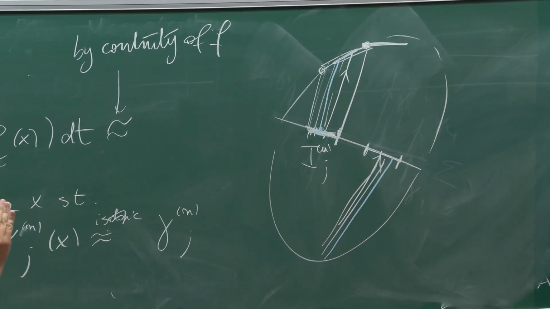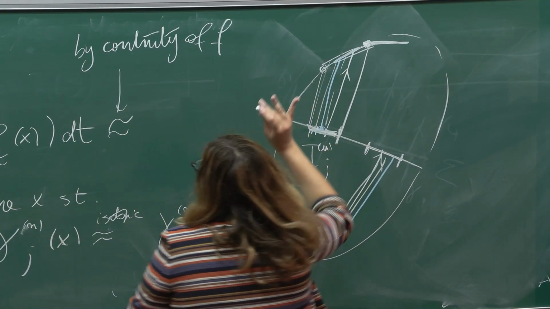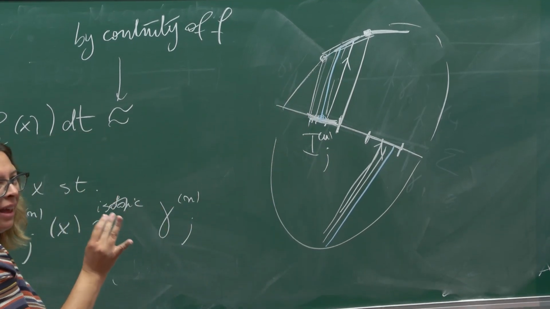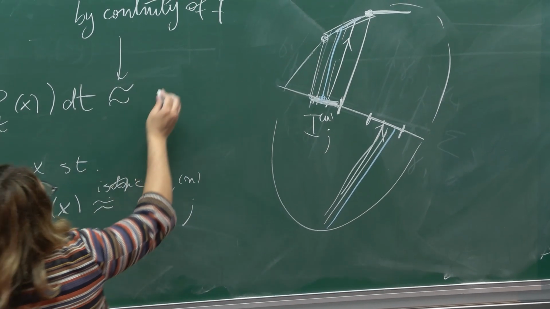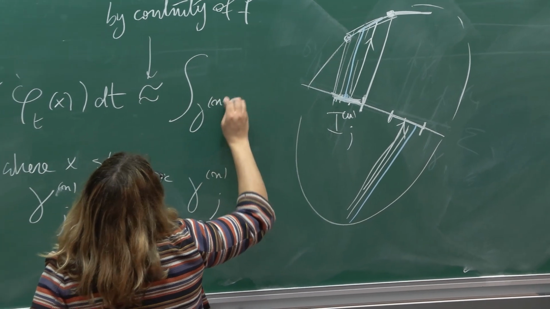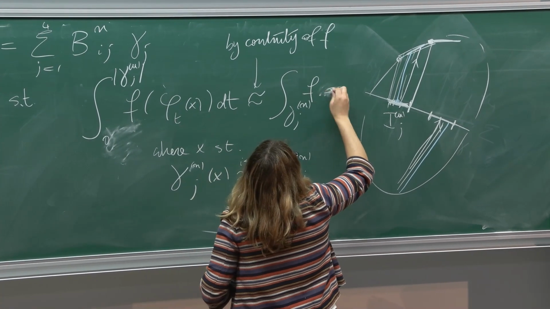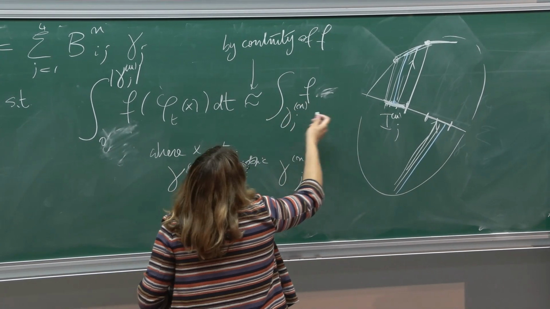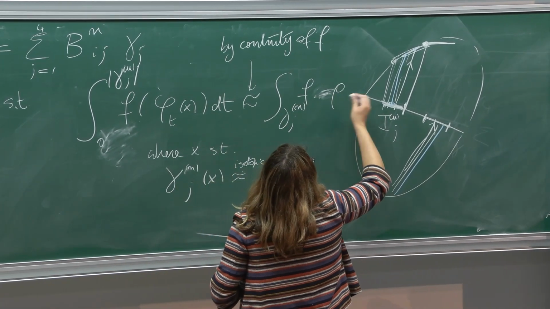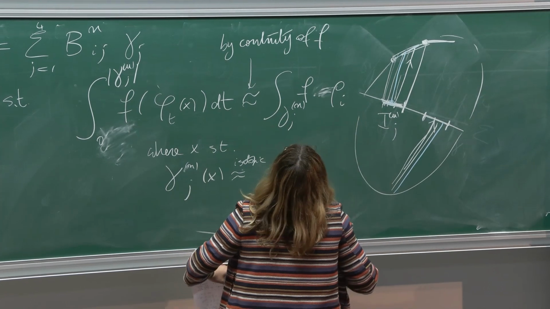But if I don't hit a vertex, I'm safe moving a little and I have the same return. So I assume that all of them are constant and equal to some value that I don't know. I will call it rho i.